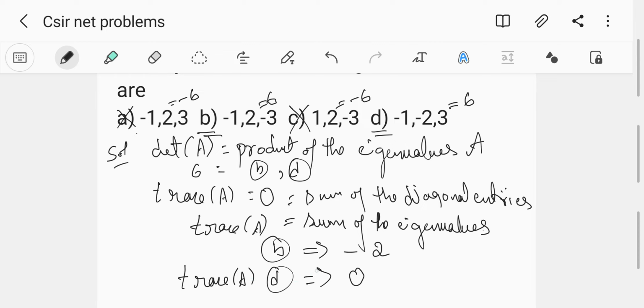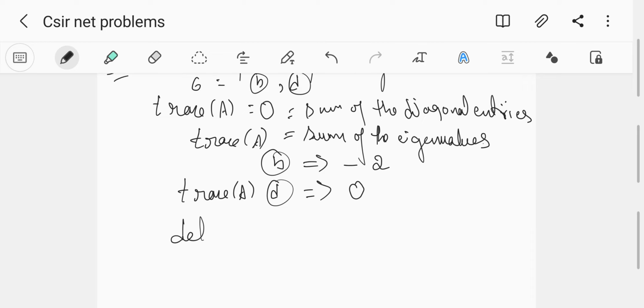We will also check the last condition, which is determinant of A plus I is equal to 0.